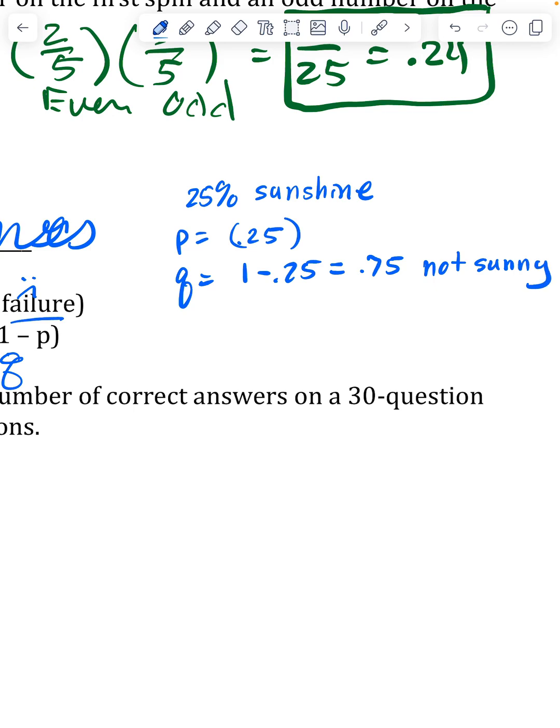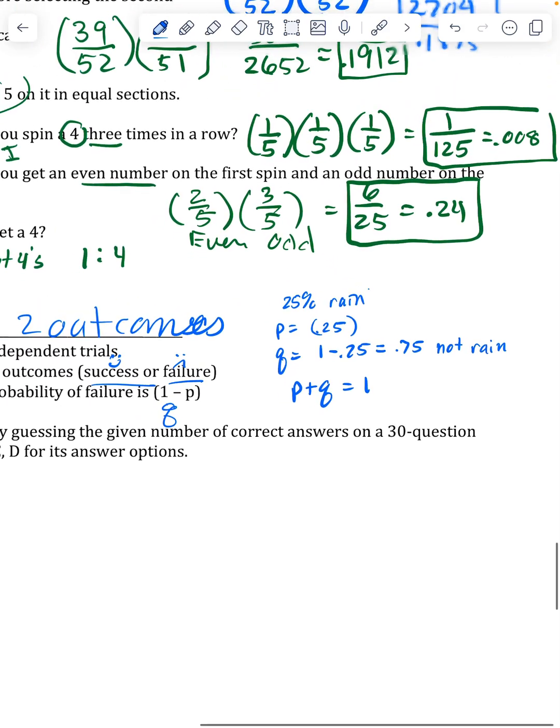Or if there's a 25% chance that it's going to rain, then there would be a 75% chance that it's not going to rain. They are opposites, like either the thing happens or it doesn't happen. And the sum of those two probabilities has to add up to 1, because it's all the options there are. It's only two possible outcomes.